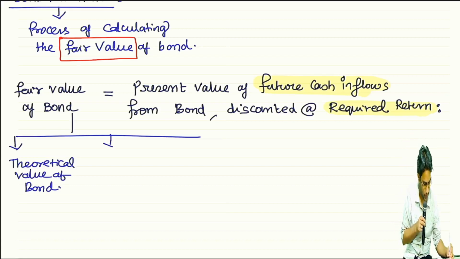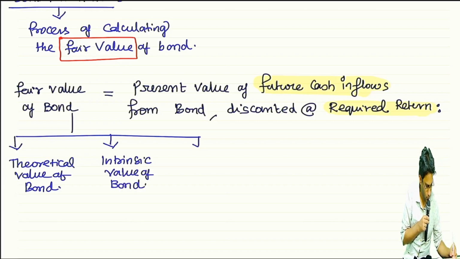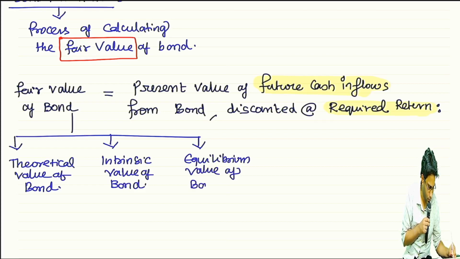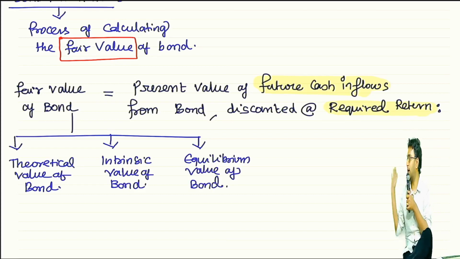Not only that, in some areas it is also called as intrinsic value of the bond. Some people may also call it as equilibrium value of the bond. So if the question asks any of these, you have to do the same thing, fair value calculation only.